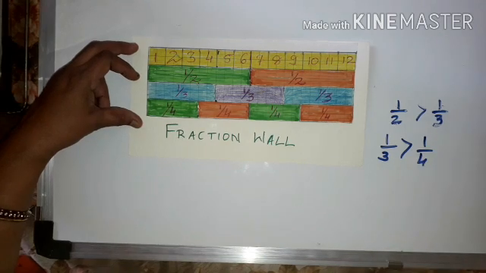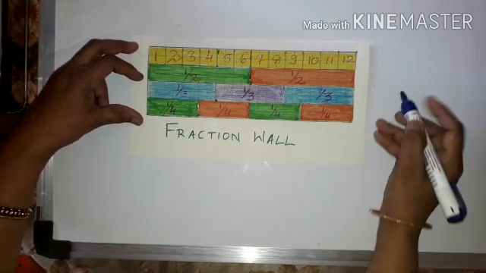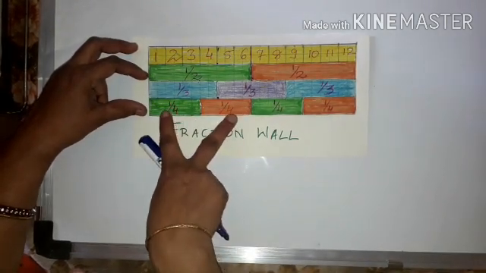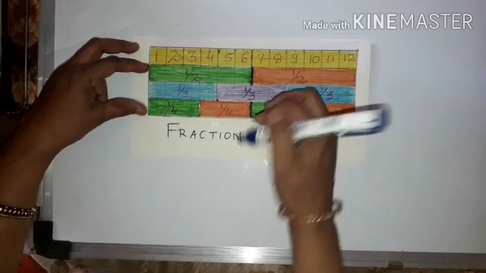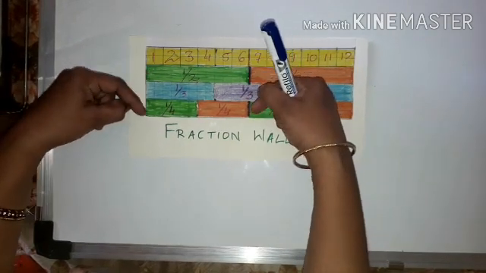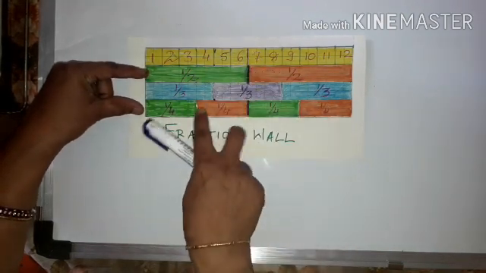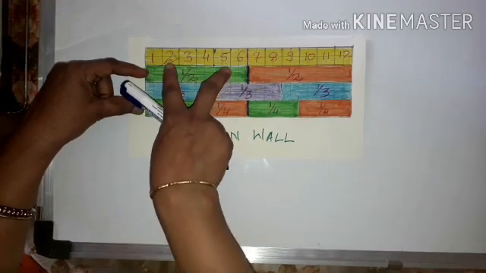Okay. One more concept here you can see. Now compare first strip and the last strip. Here you can see that this much line matches here. It means 1/4 plus 1/4 is one and the same as half.